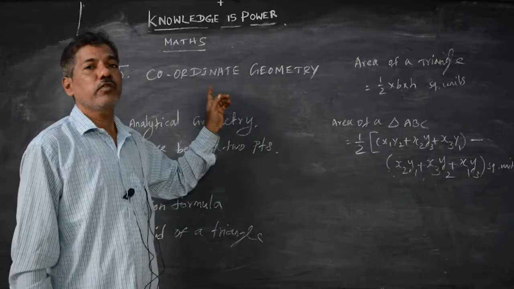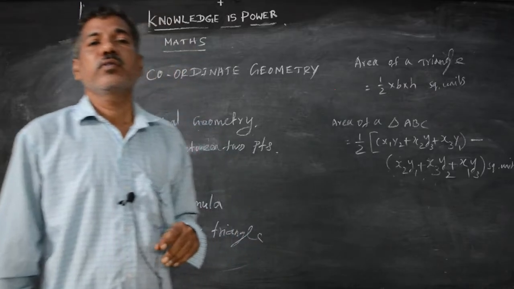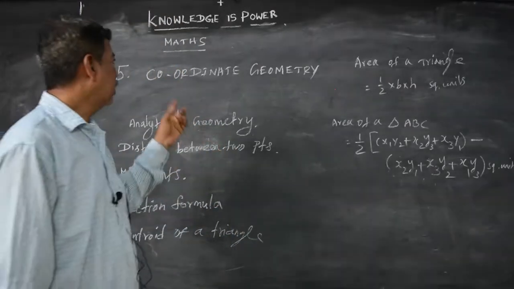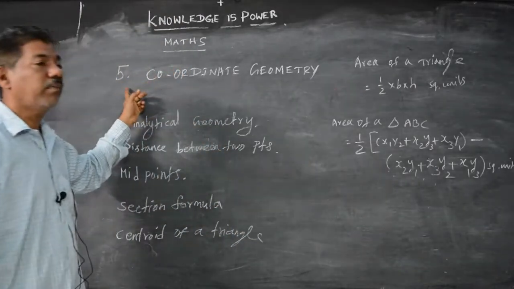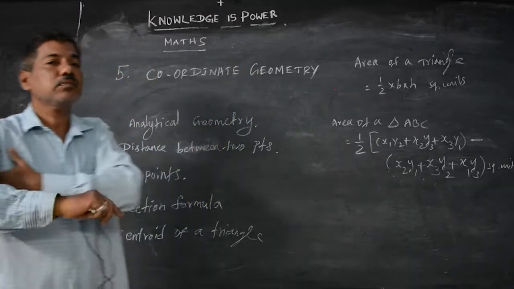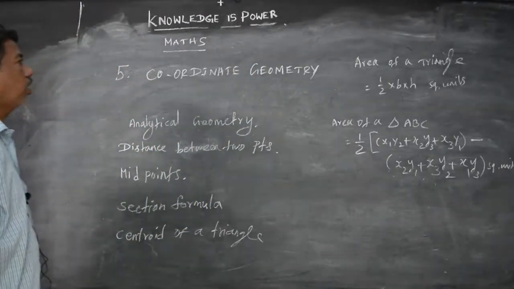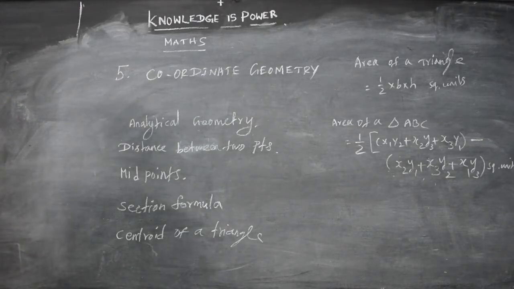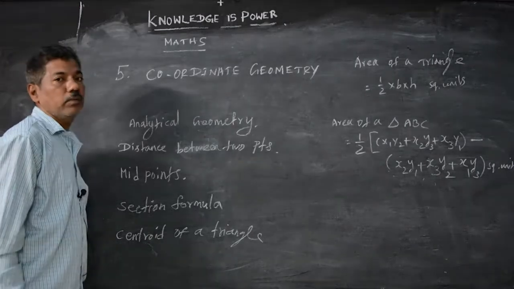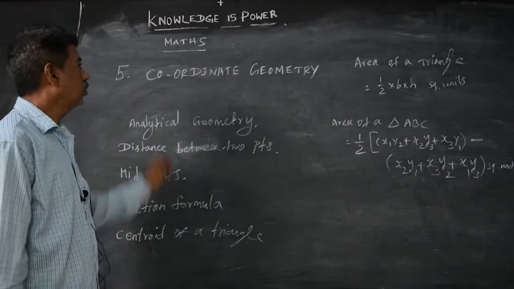Next, a very important and easy chapter we have studied earlier, that is chapter number 5, coordinate geometry. So what is the meaning of coordinate? Coordinates are followed based on the x-axis and y-axis.